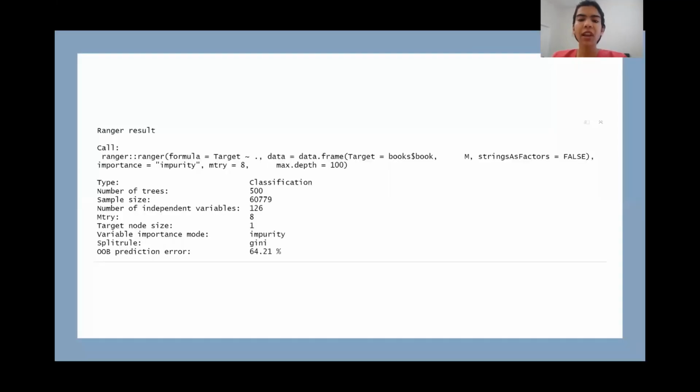Here we can see that we have 500 trees, the sample size was 60,779, and the Gini index was used for calculating our accuracy. But as I mentioned earlier, as the number of books, our target variable, reduces, our model will be less prone to error and we will get more accuracy.